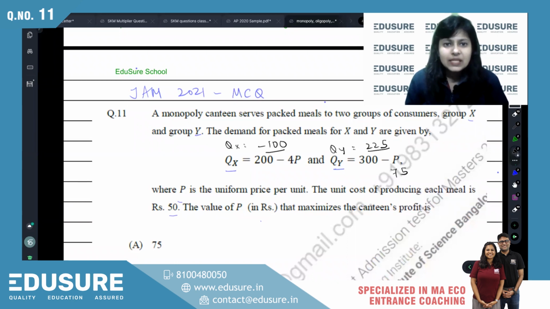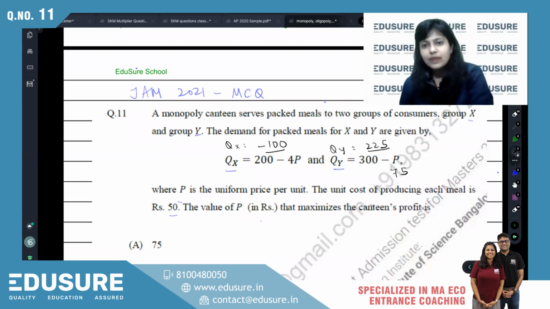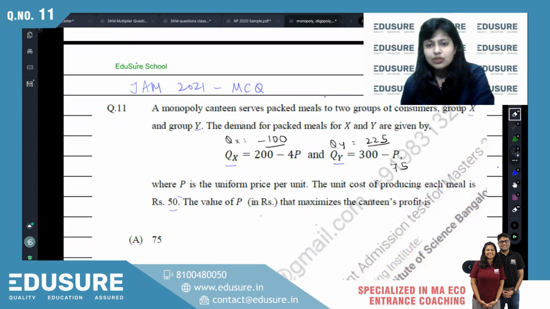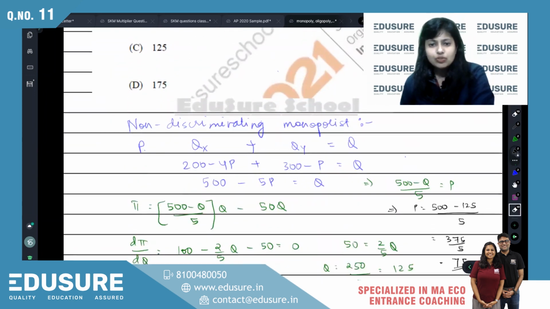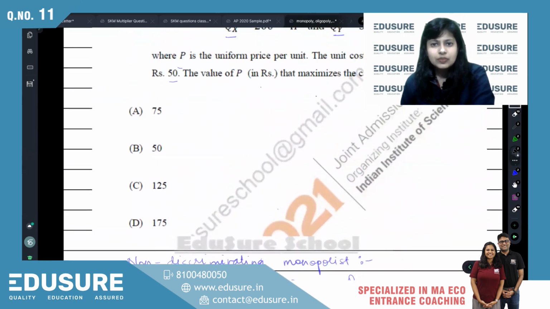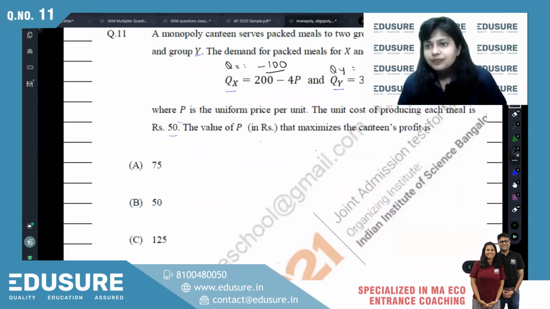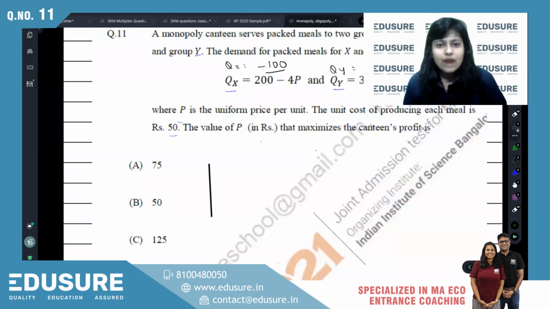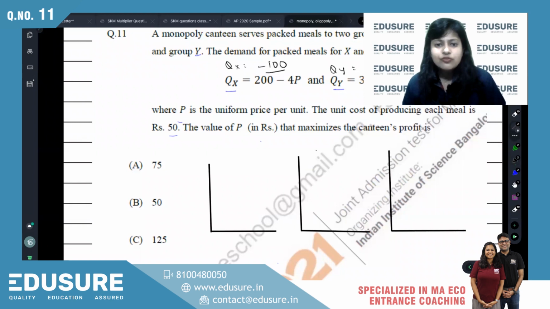So whenever you do this, I'm sure sir has shown you this diagram. I'll do it again here for clarity's sake. I'll draw it here, I didn't leave any space. When we add the market demand curves of two firms, if this is one demand curve and this is the other, then the joint is actually this plus this.